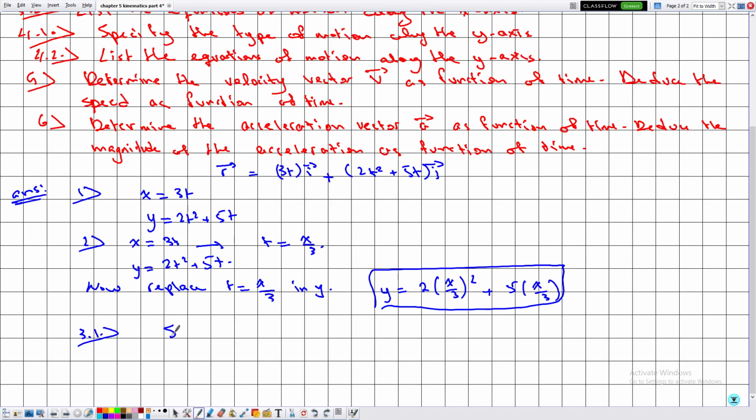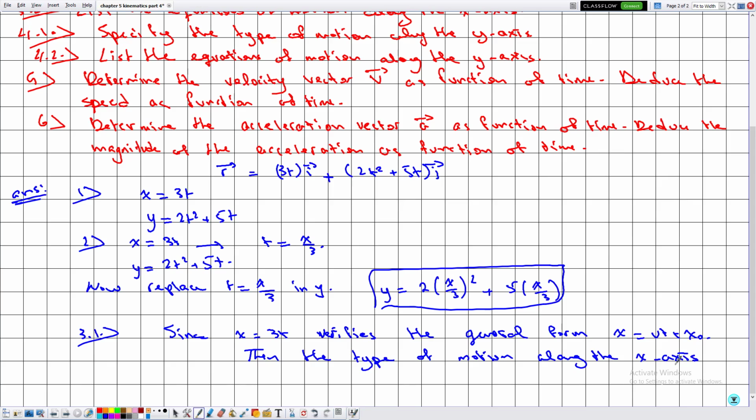Now notice that since x equal to 3t verifies the general form x equal to vt plus x0, then the type of motion along the x-axis is URM.